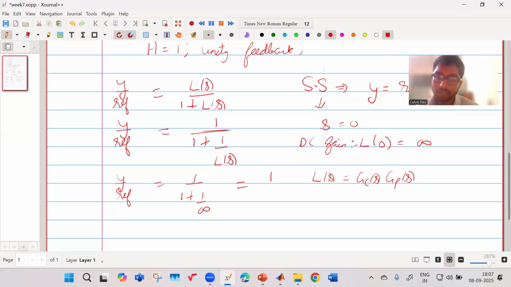You will have a pole at the origin, so your L of S will have a 1 upon S. As Rahul was saying, frequency equal to 0 means at DC I substitute S equal to 0, and this will go to infinity. So for that you have 1 upon S into some G of S.